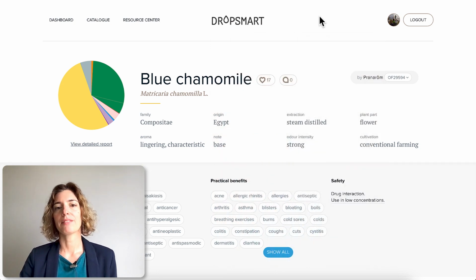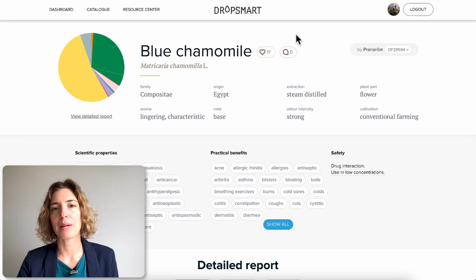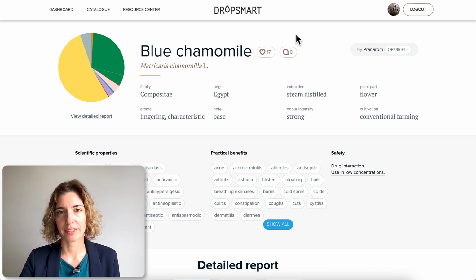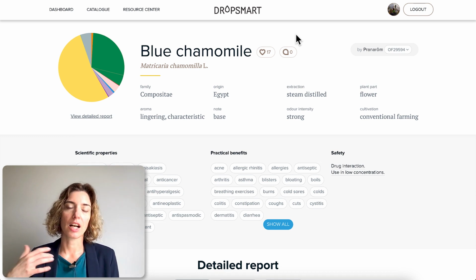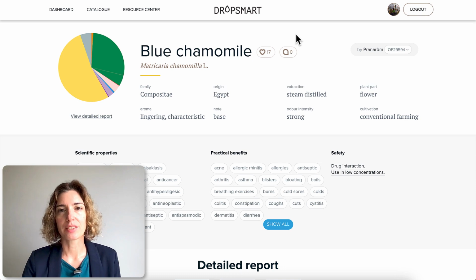So here you have blue chamomile or German chamomile, depending on which book you read. When we talk about blue chamomile, we usually connect it to chamazulene, because of its beautiful bluish or greenish color that comes from this interesting constituent.